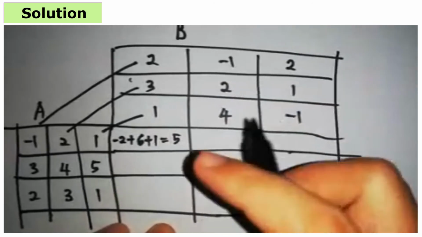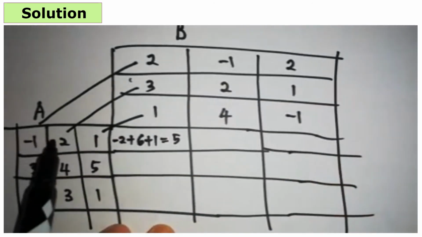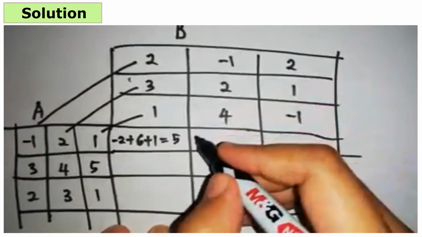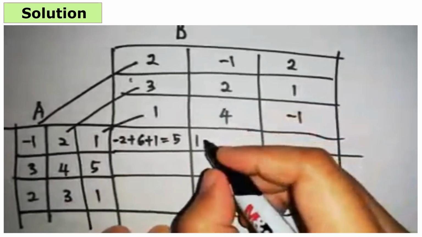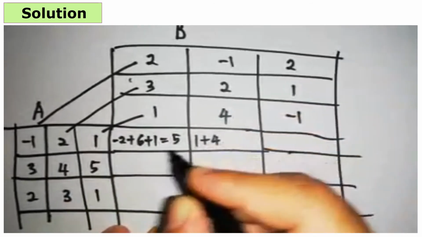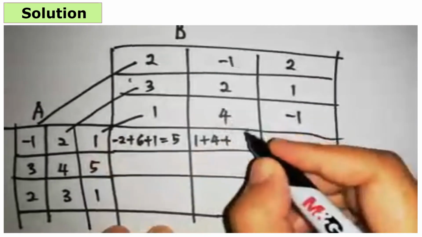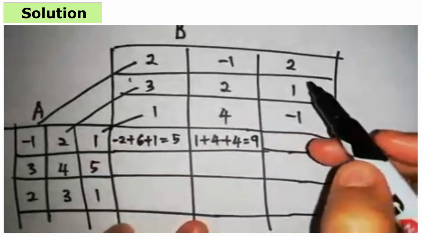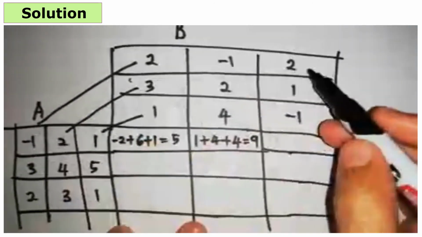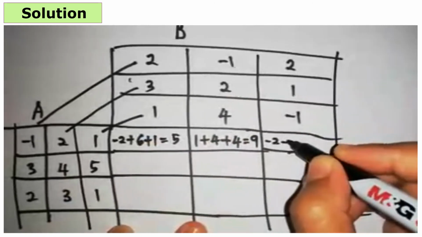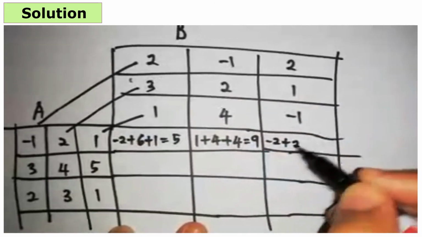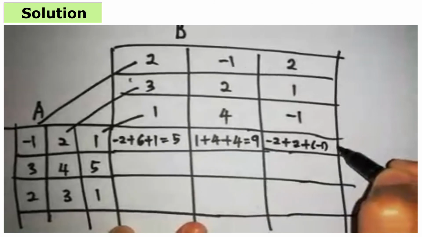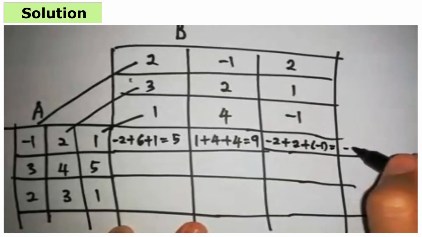Okay, for the next element, first row, -1 times -1 got 1, 2 times 2, positive 4, plus 1 times 4, 4, we got 9. And next, we have -1 times 2, -2, plus 2 times 1 is 2, plus 1 times -1 is -1. So we got -1.